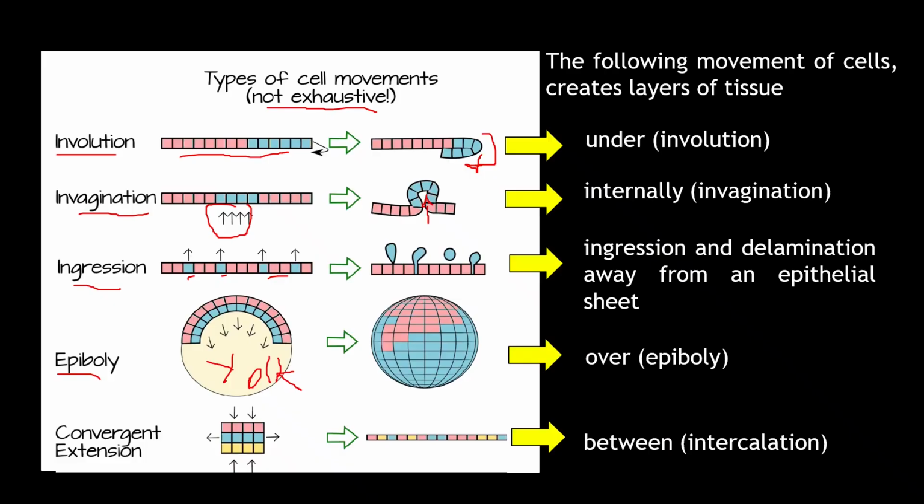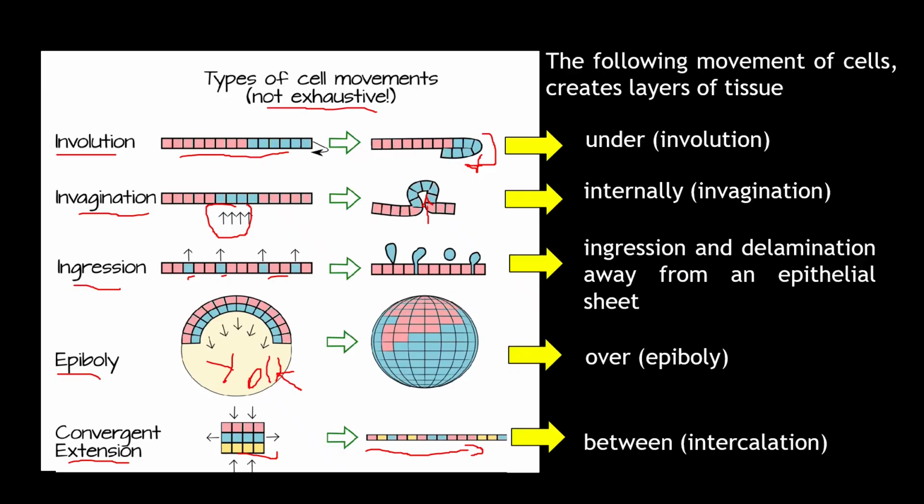And finally, the convergent extension, which you will also see. Here you have a narrow and short tissue in the beginning, and you're going to make it into a very long tissue. So you go from one that was wide and short into one that is long and narrow.